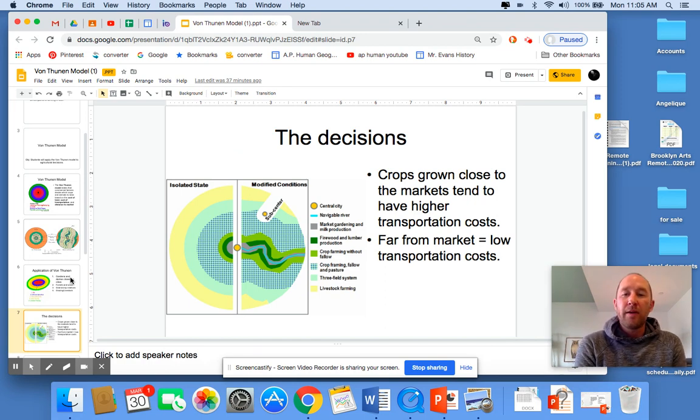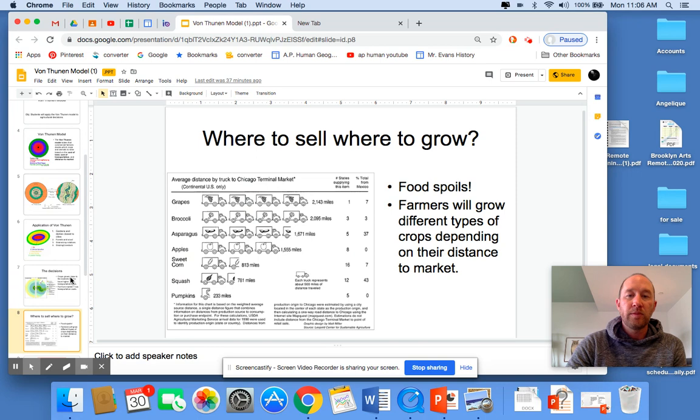Another way to think about it, if it's going to cost a lot to transport a good, it should be located near the market. If it doesn't cost a lot to transport the good, it can be located far away from the market. We're actually going to unpack that idea a little bit more in our next unit on manufacturing. So I mentioned this term perishability, right?